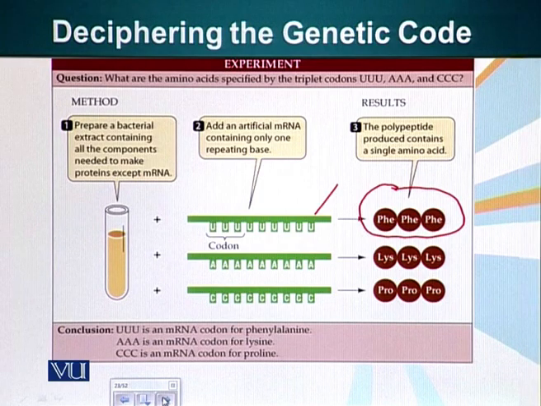So basically 3 U's code for phenylalanine. Similarly, 3 A's code for lysine, 3 C's code for proline. So gradually people were able to complete the genetic code: which 3 nucleotide sequence, or codon, specifies which amino acid.